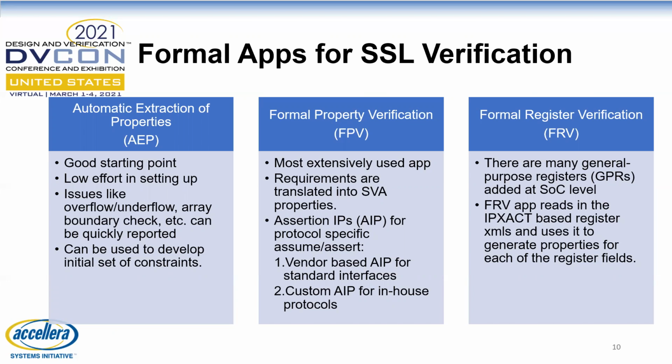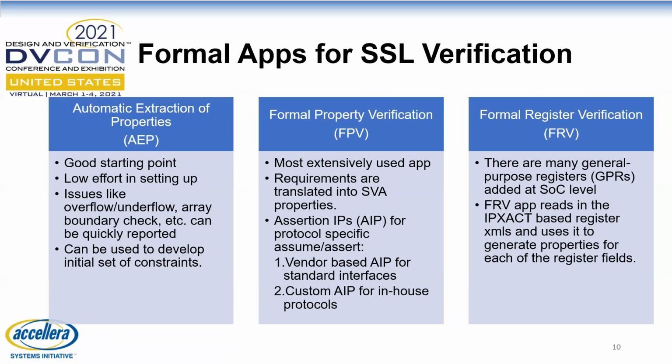Assertion IPs, again, are helpful here. They can be used to handle the protocol related constraints and assertions. So we have vendor based AIPs for standard protocols like AMBA, whereas we have developed our own custom AIPs for NXP in-house protocols.